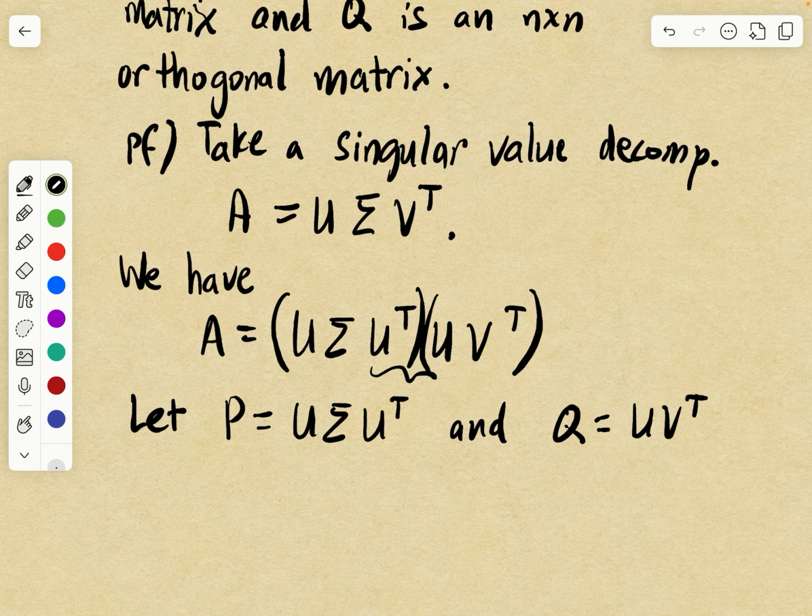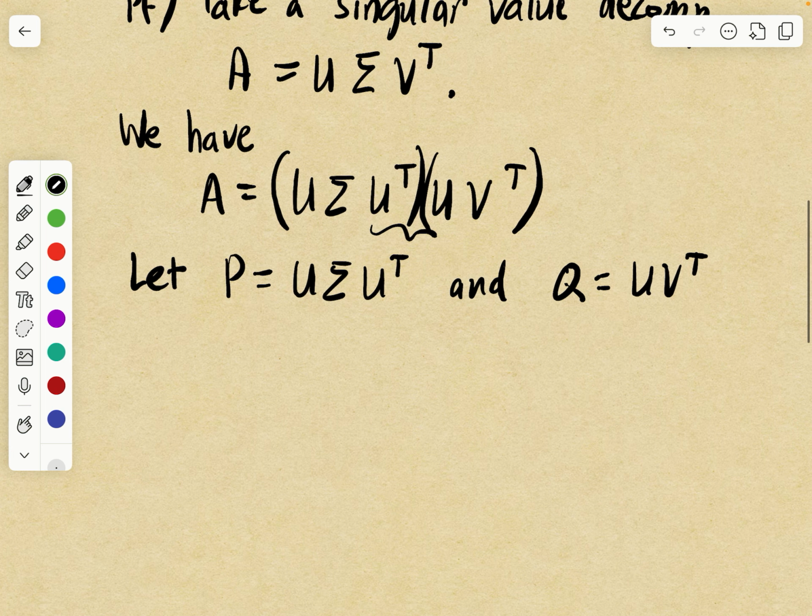Now notice that U V transpose is defined. In general, for an m by n matrix, it's not, because U is m by m, and V is n by n, and you can't multiply an m by m by an n by n matrix if m is not equal to n. But in this case, A is a square matrix, so m is equal to n, and so Q is actually defined. And this is a product of orthogonal matrices.